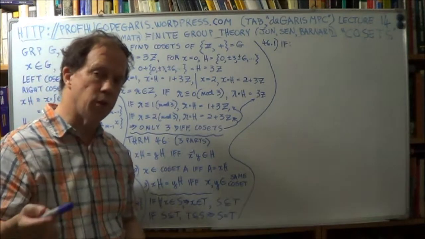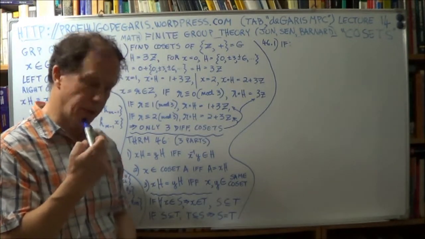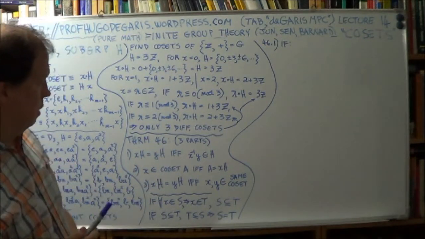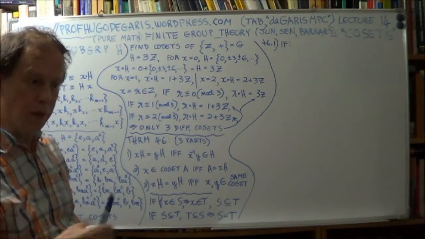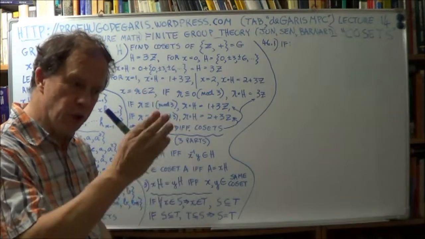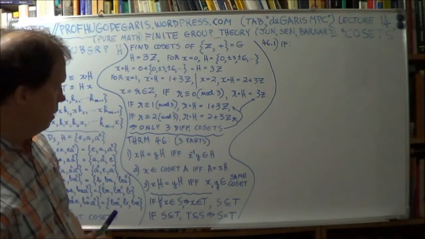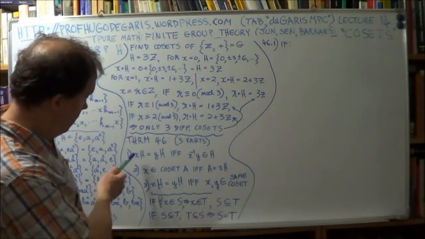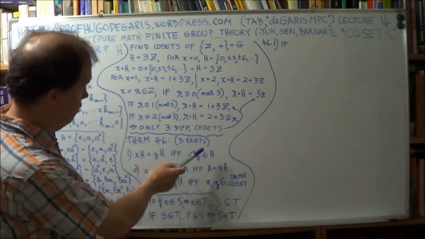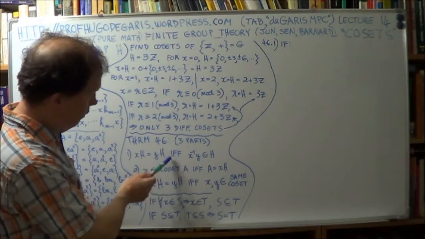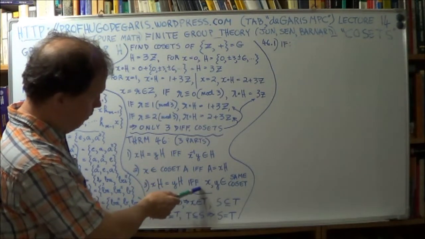Now comes the nitty-gritty. As a stepping stone towards proving Lagrange's theorem, we need these results. And it's pretty hefty, tight, logical theorem proving. So we'll plunge in, and it's theorem 46, and it has 3 parts, 1, 2, 3, and each one is an if and only if type statement.